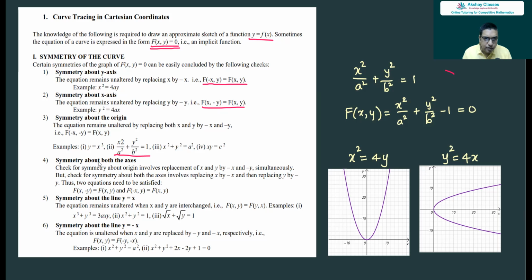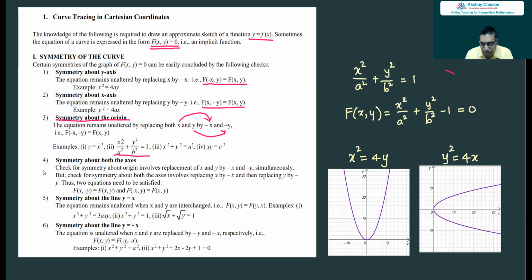However, when we talk about symmetry about the origin, we can conclude it if x is replaced by minus x and y is replaced by minus y simultaneously. If we do that simultaneously, then it is symmetric about the origin.